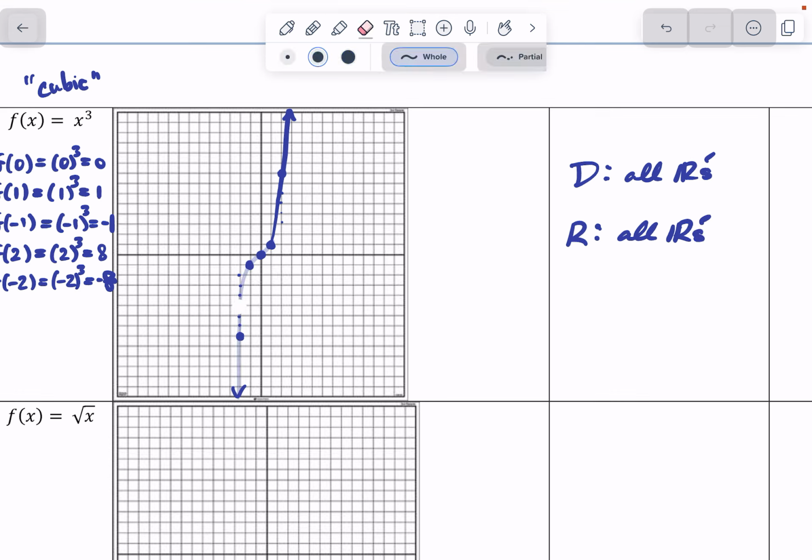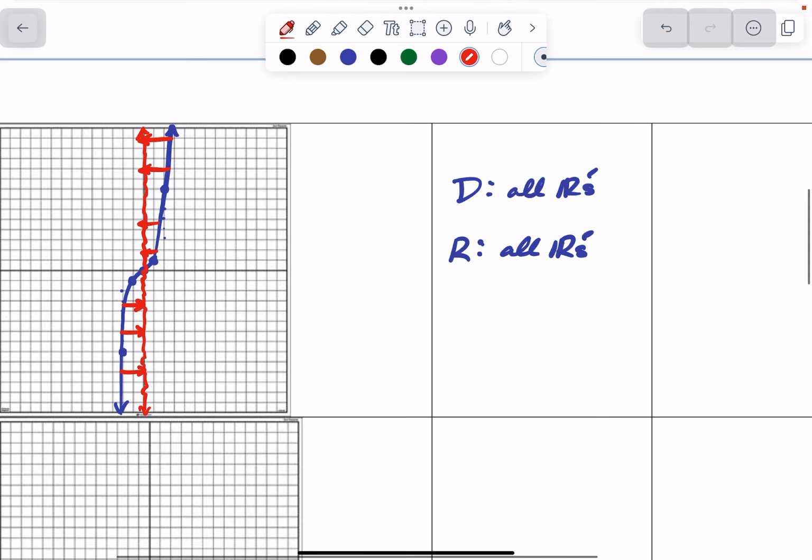So notice no matter what point we pick here, every point on this graph can be associated with any y value on the y-axis, right? If you were to think of the shadows here, we would basically shade in pretty much everything. In fact, actually, we would shade in everything, not just pretty much, right? So the range is all real numbers as well.